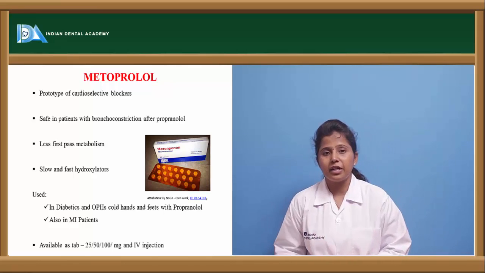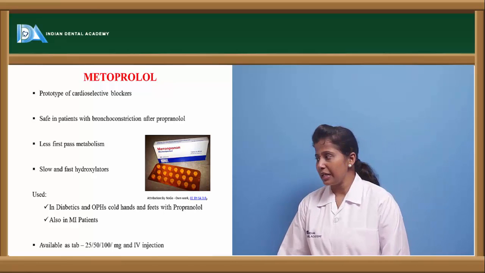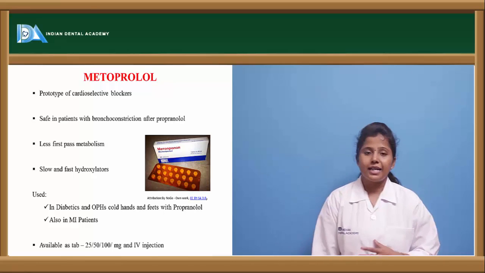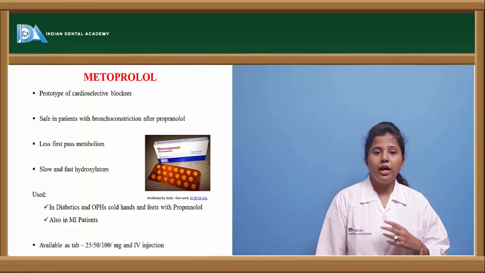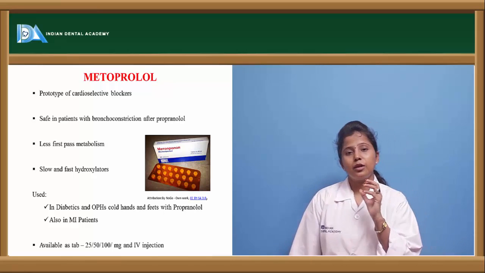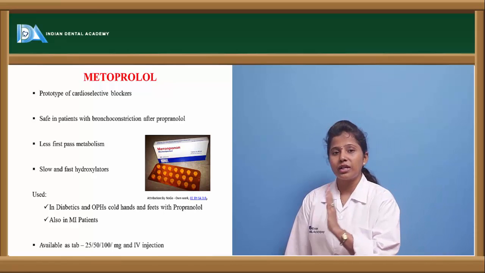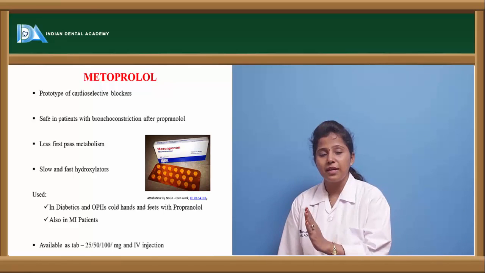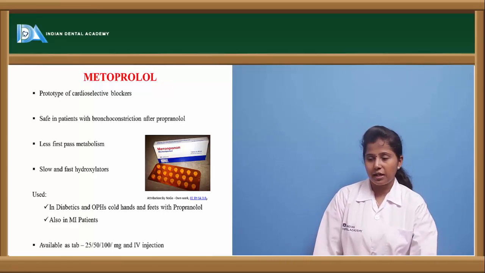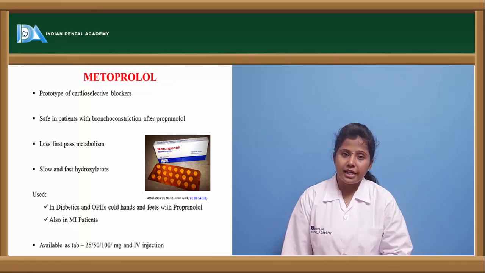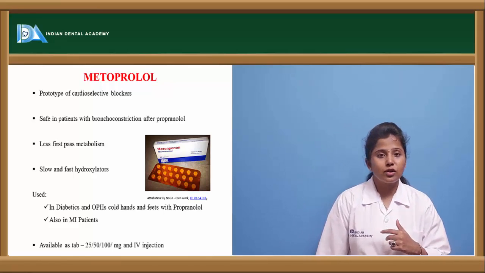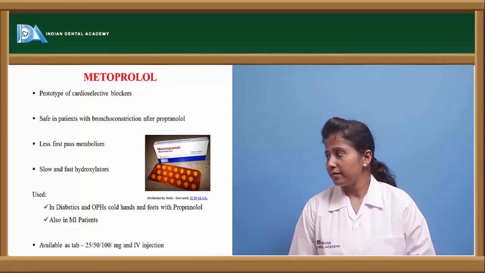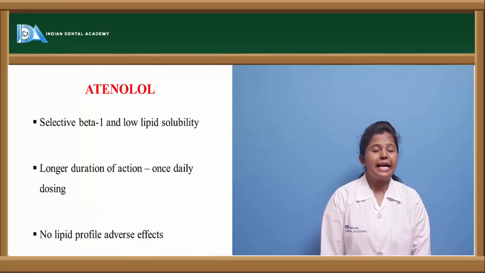The clinical applications of this drug are diabetes and myocardial infarction, and the metoprolol dose is about 25 to 100. The dose depends on the condition of the person: 25 mg, 50 mg or 100 mg is recommended. This dose is for tablets, and it is also recommended to give by IV route.